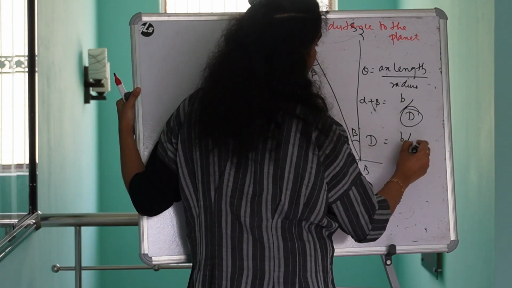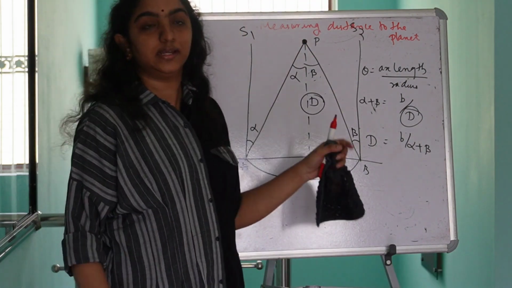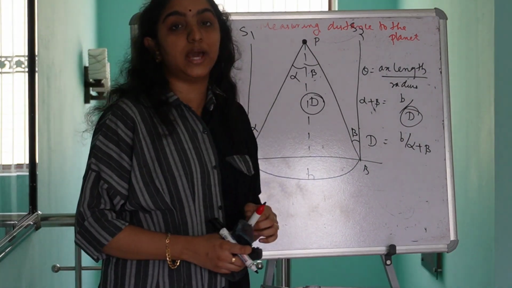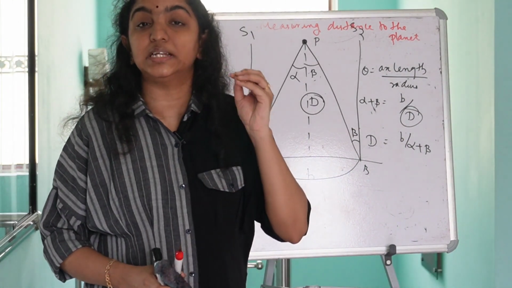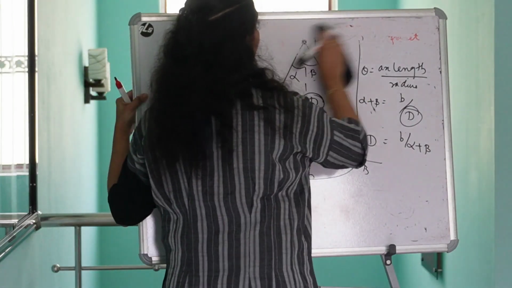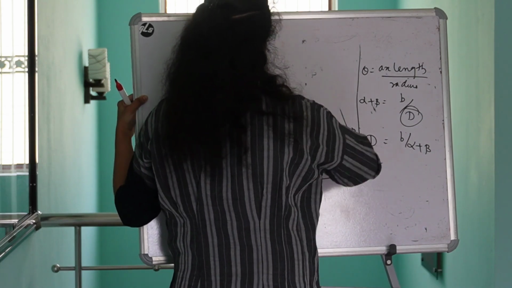So d is equal to b divided by alpha plus beta. Is it clear? Yes, this is how we find the distance to the planet from the Earth's surface in real-time situations. Now let's see how we measure the distance to near stars.